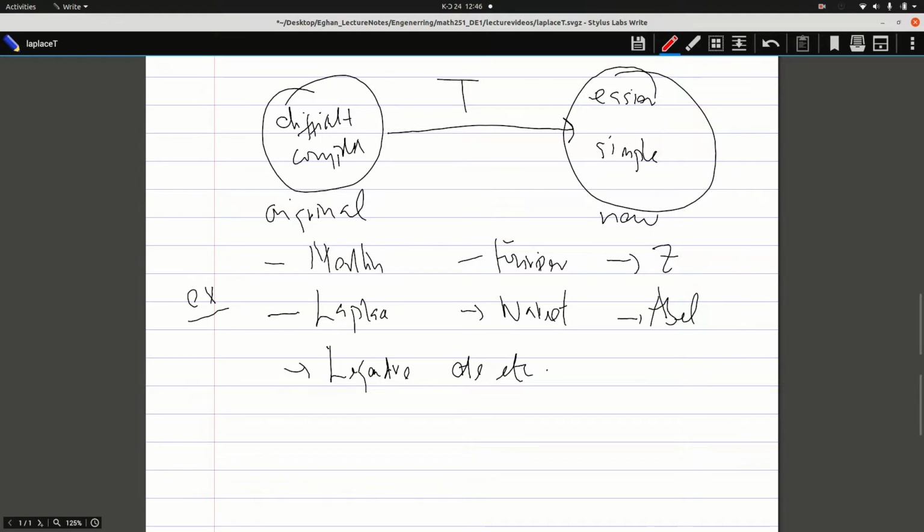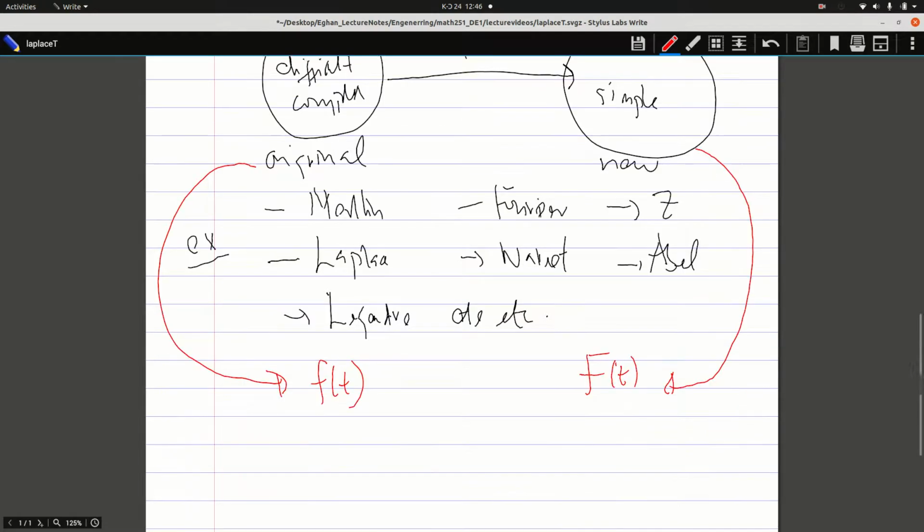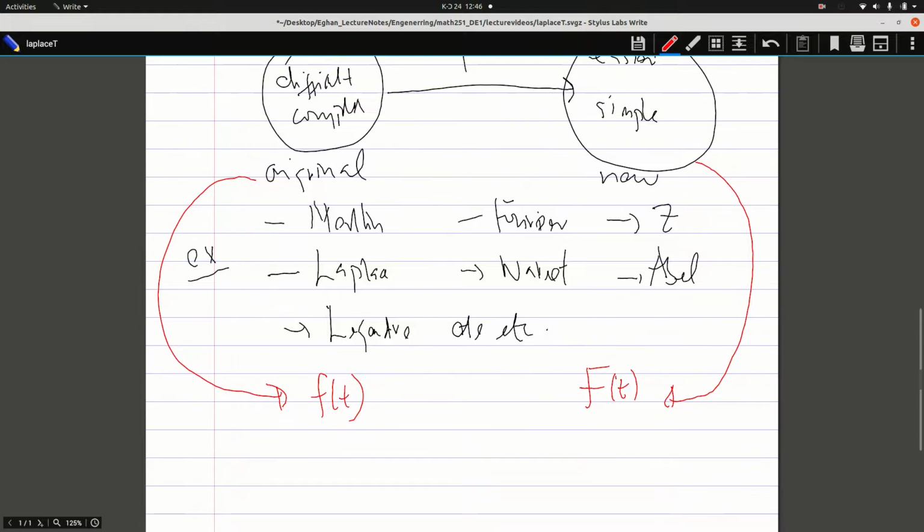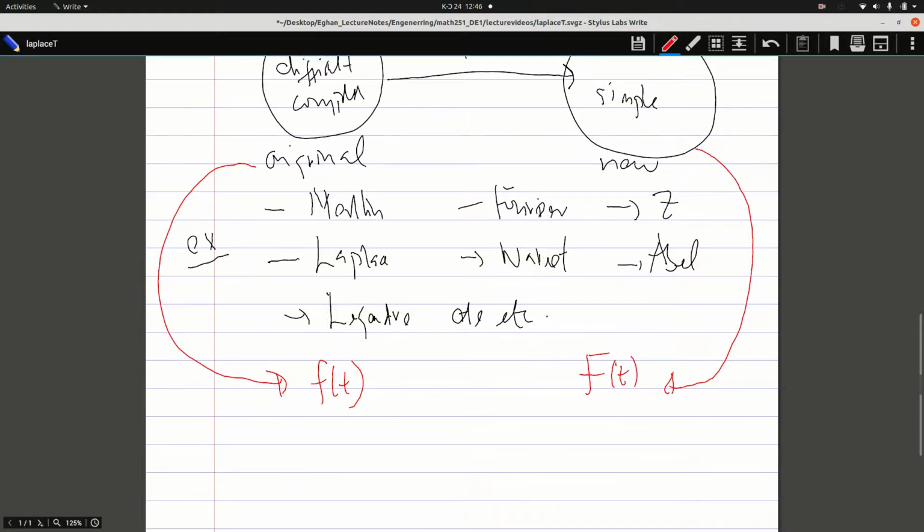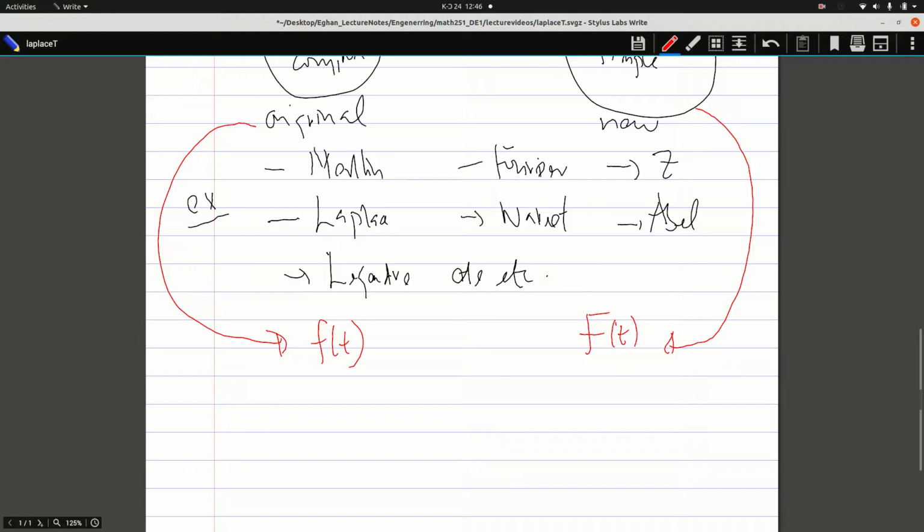And so if I want to term this original domain as, let's assume there's some f of t, and I want to have this new domain as some big F of s, how do I relate the two? By definition of integral transformations, I assume that this new transformation is equal to some integral transform of a kernel times the original problem.